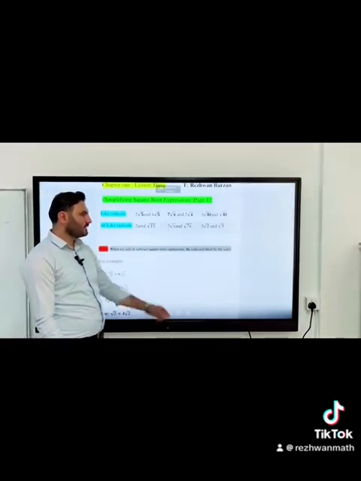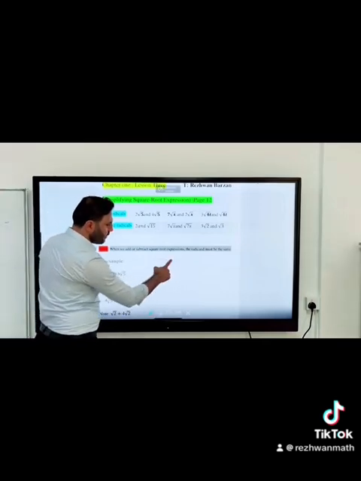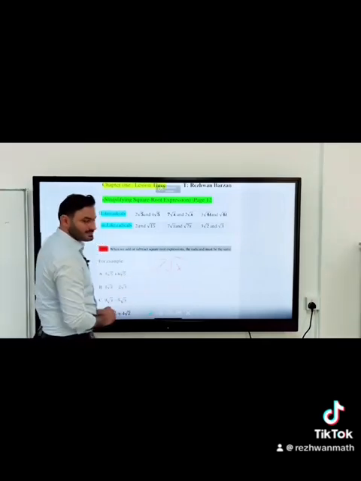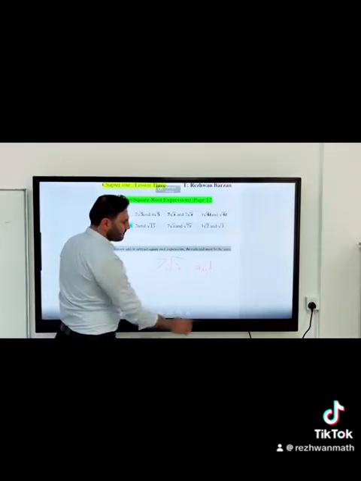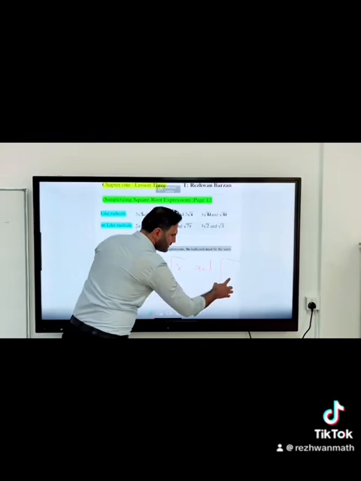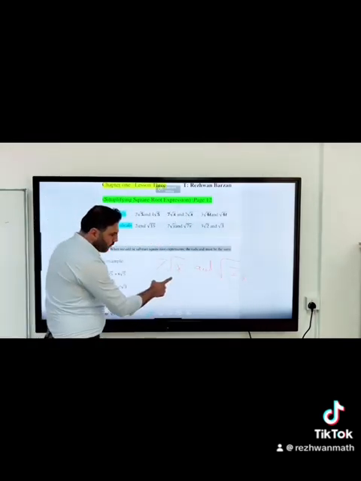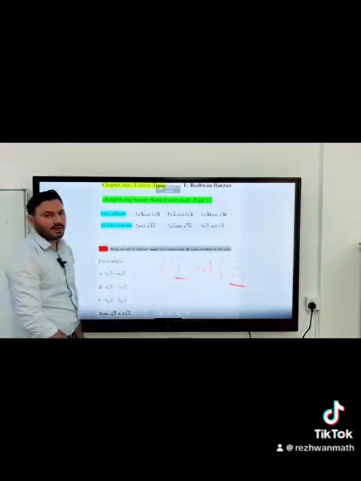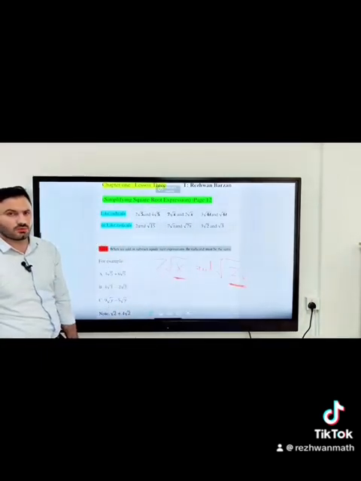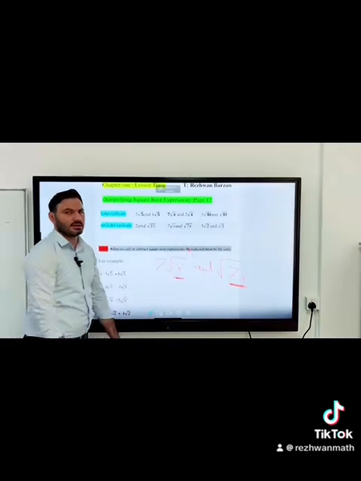And if you look at 7 square root x and square root 7x, because we don't have the same number or same variable inside the square root, it's unlike radical.